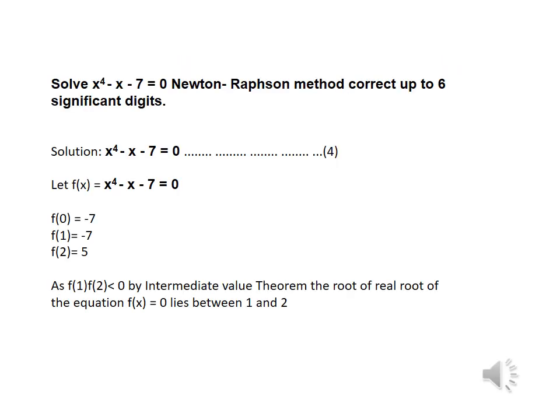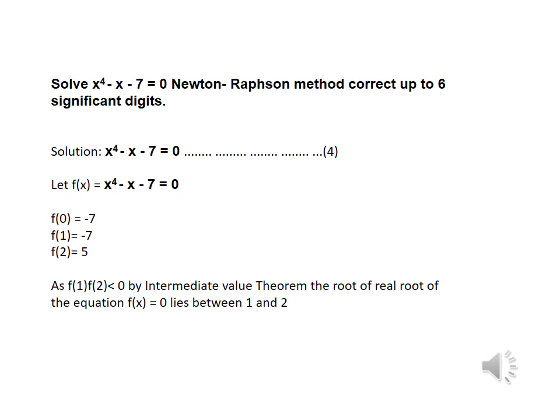Now let us solve the equation x raised to 4 minus x minus 7 equal to 0 using the Newton-Raphson method. First of all, we take the function f of x equal to x raised to 4 minus x minus 7. Then you substitute different values.